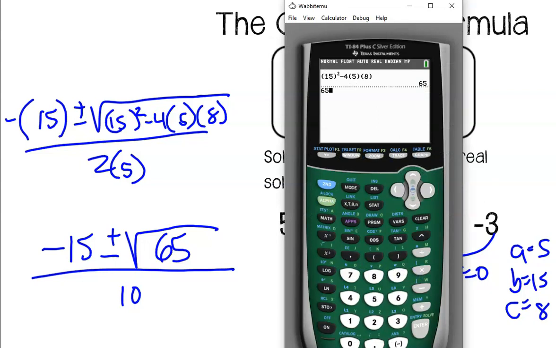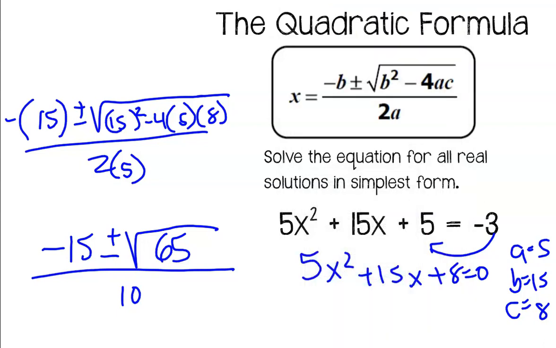Definitely not 64, not 49, not 36, 65 divided by 16, 9, 4, nope. All right, so there are no perfect squares that can go into that.